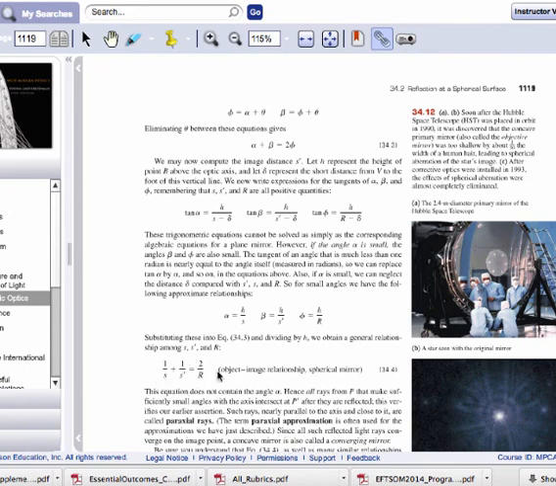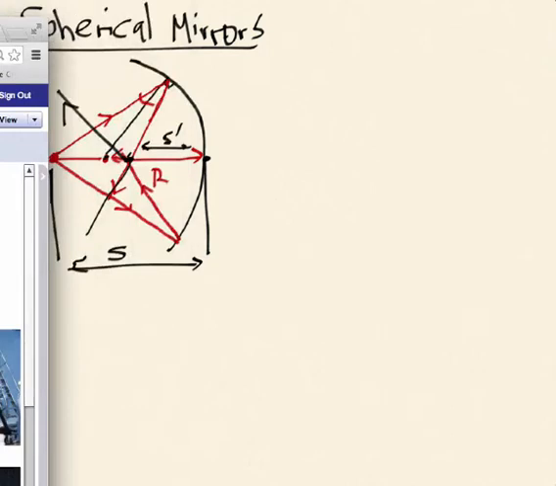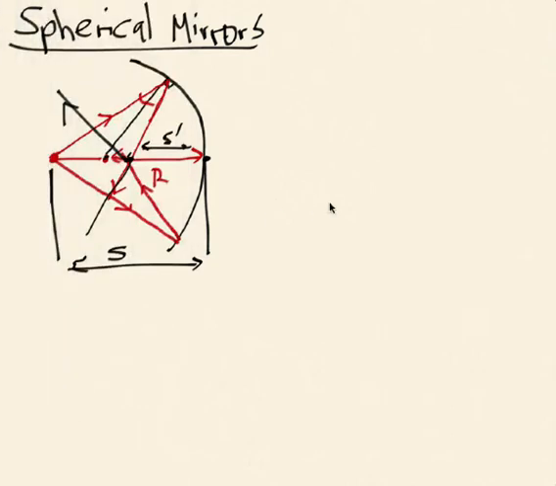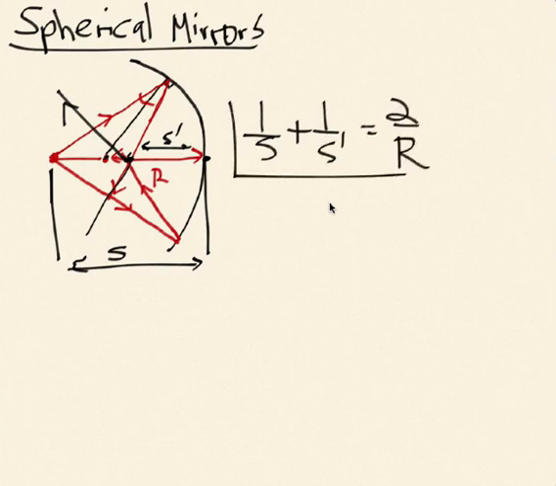So this expression can be used to find the location of an image in these spherical mirror systems for small alpha. Let me get that out of the way, and so I'll write it here. The expression is that 1 over S plus 1 over S prime is equal to 2 over R, for the mirror.